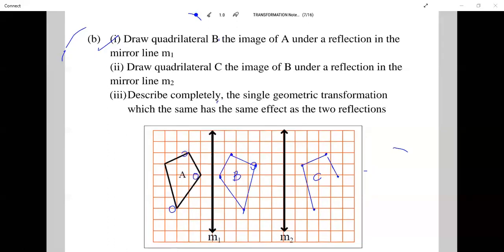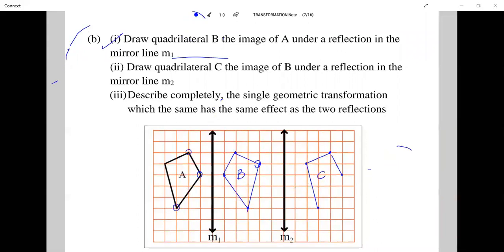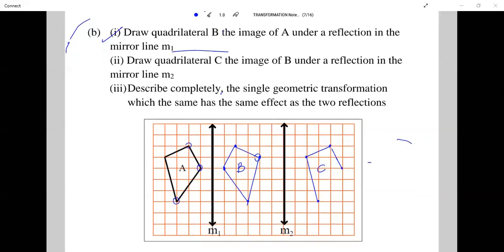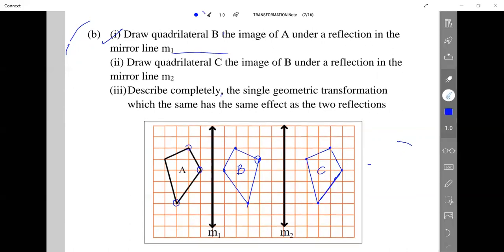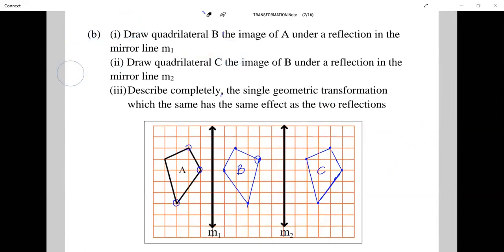And the last part of it. Let's erase some of these extra things that are there because I'm using a ruler. All right. So we did draw quadrilateral B and quadrilateral C. So we've done this.